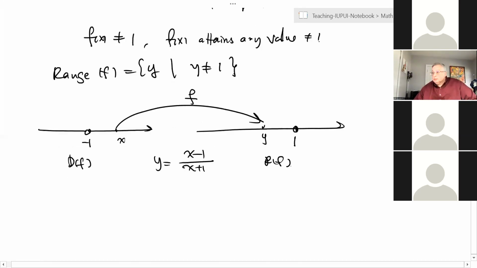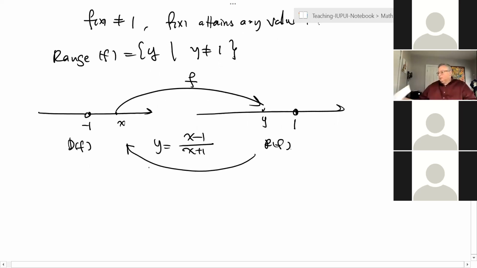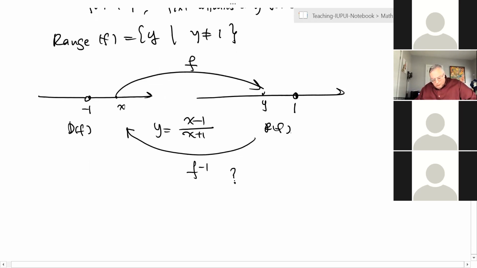Okay. Now, can I reverse this procedure? Sometimes, yes. And if I can do that, then this inverse procedure gives a new function. That new function I'm going to denote by f to the negative 1. So all I have to do is just reverse the procedure.